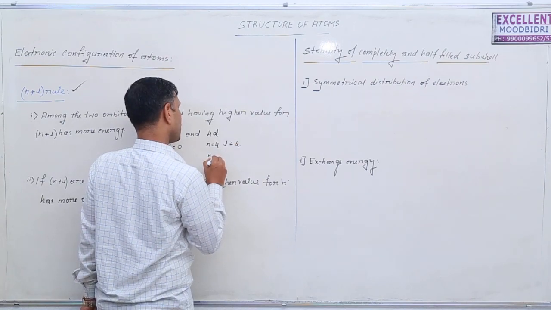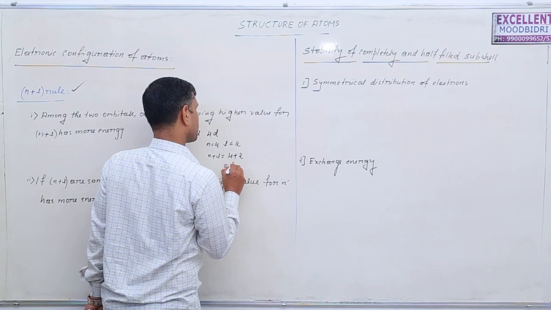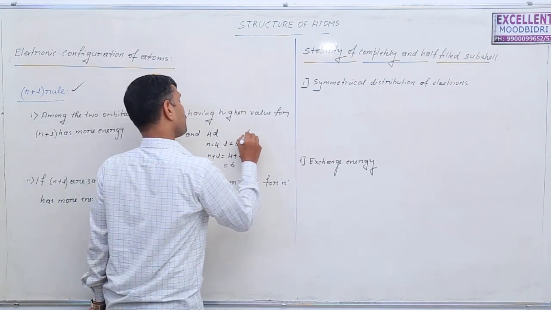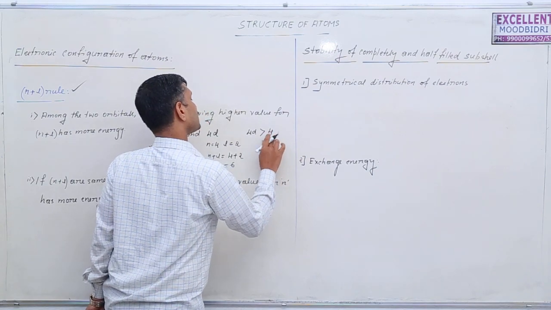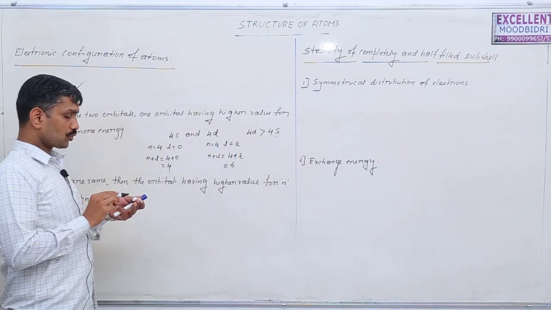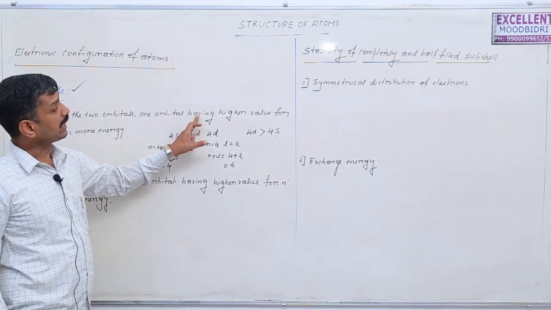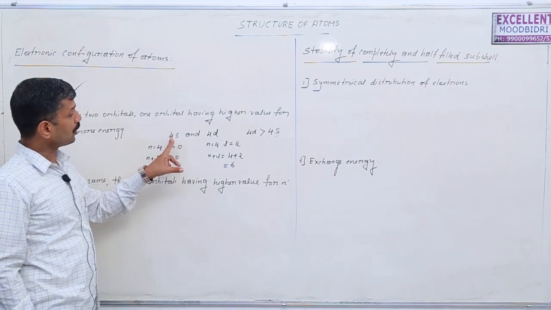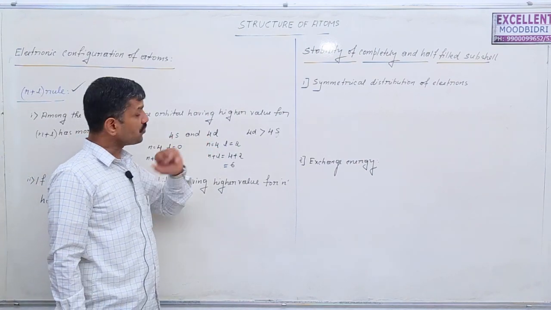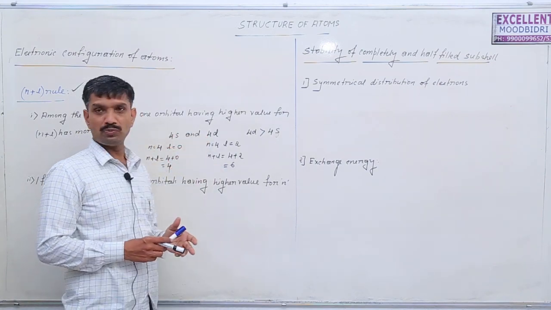So n plus l is 4 plus 2, equal to 6. That's why the 4d orbital has more energy than the 4s orbital. So the statement is: among two orbitals, the one having the higher value of n plus l has more energy. Among 4s and 4d, 4d has more energy because its n plus l value is higher.